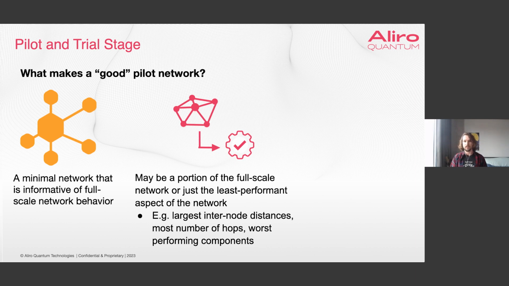If it isn't, then there's still a possibility that those worst performing portions of the full-scale network might not satisfy our network requirements. And so we'll want to know how we can use the results we get from our pilot in this case to assess whether or not those portions of the full-scale network will still be sound.